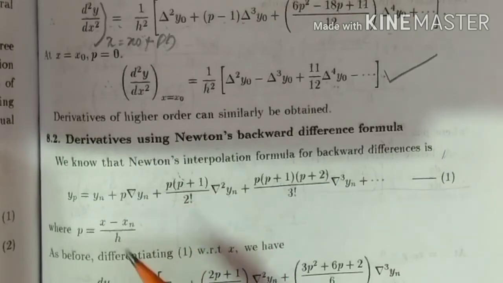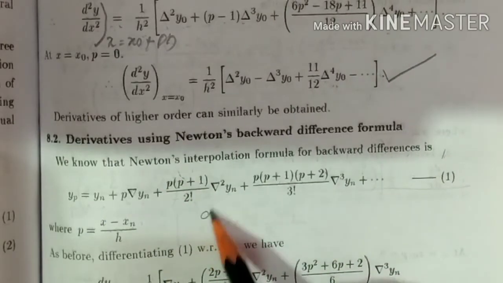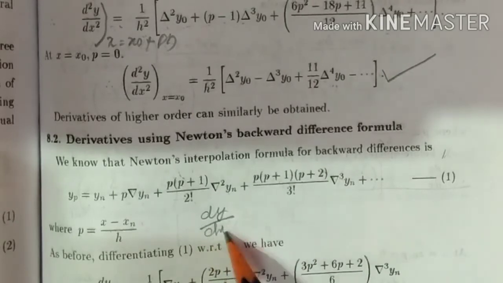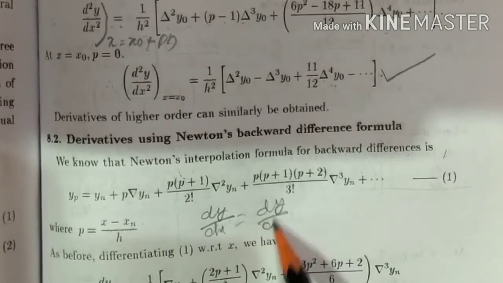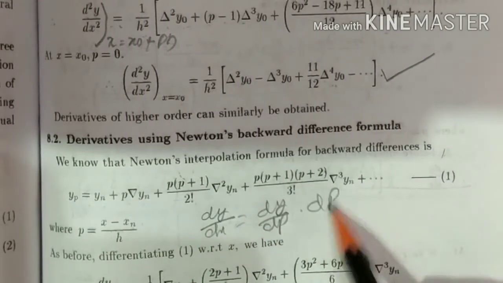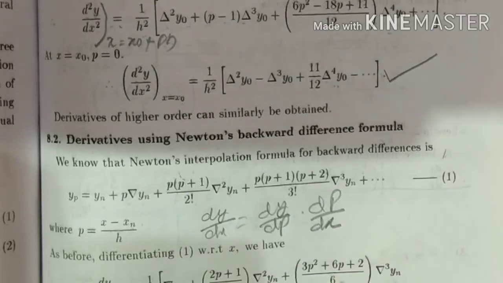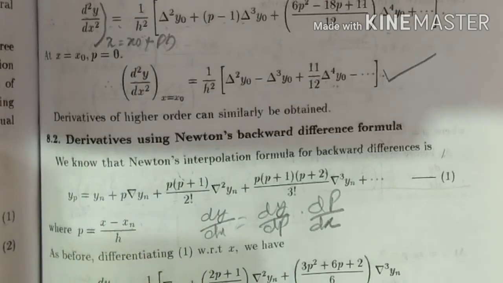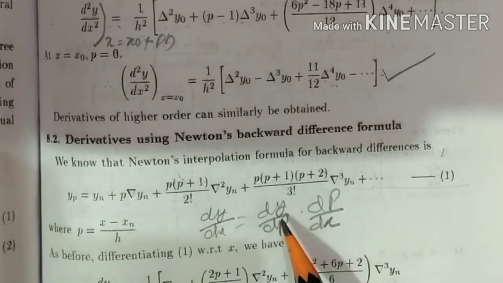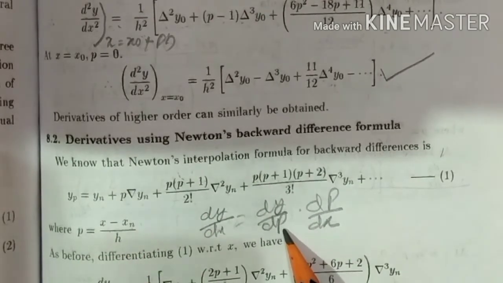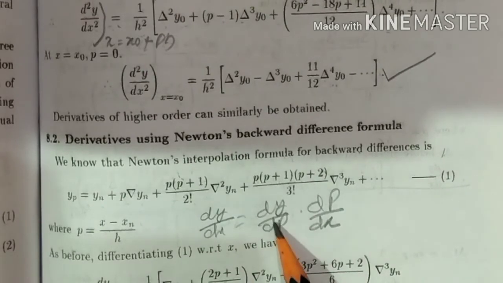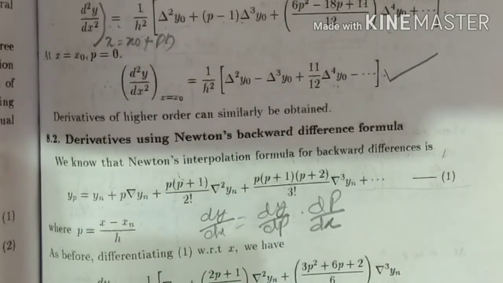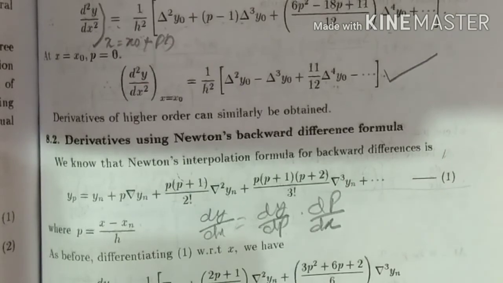dy/dx = dy/dp times dp/dx. So dp/dx = 1/h, and dy/dp, you have to differentiate this one with respect to p. Then when I differentiate this with respect to p, we get this.